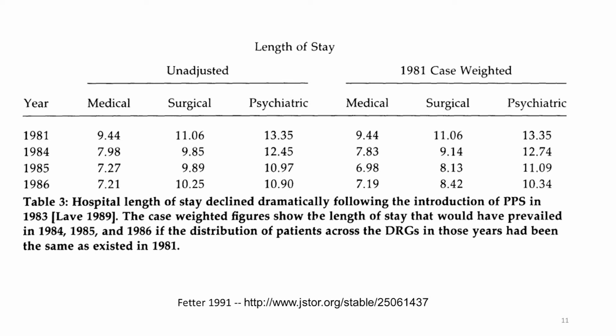And this is data from Medicare. They start with 1981, and then they jump to 1984. What happened between 1981 and 1984 is, it wasn't called CMS at that point, I think it was called the Healthcare Finance Association. They put in DRGs.